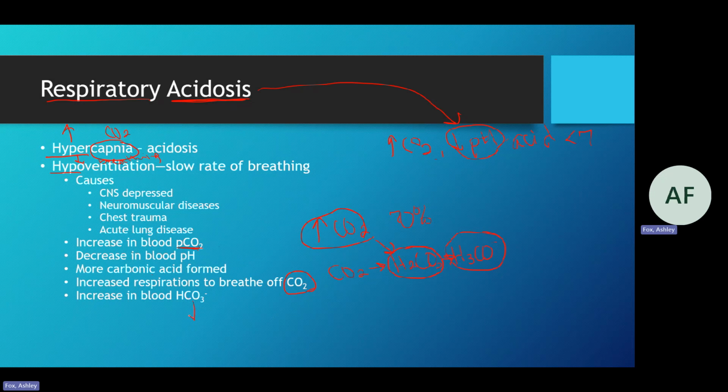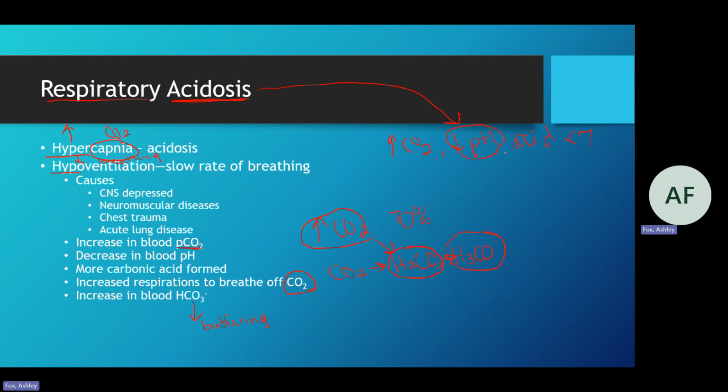And this is going to come from other regions that you're going to increase your bicarbonate levels. So you're actually going to get help with buffering. That's going to help with less acid in your blood, more of a base or a buffer, so that you can increase your pH again.